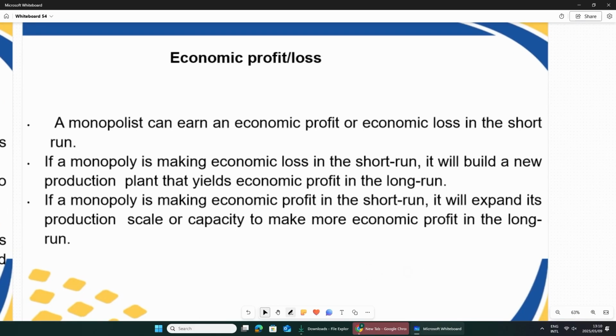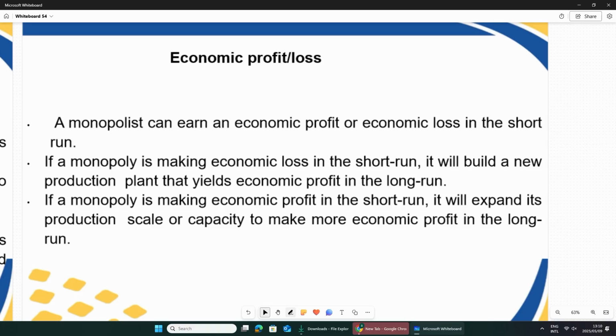Let's move on to economic profit or loss. A monopolist can earn economic profit, or can earn economic loss, in the short run. But in the long run, a monopolist can still earn an economic profit.